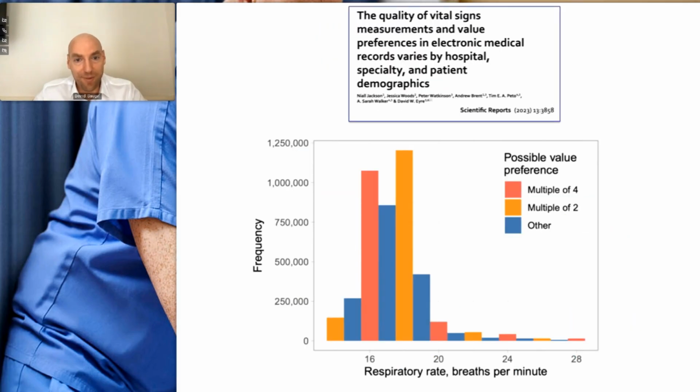This is a very similar approach. If you look at respiratory rates documented in patient medical records, those are often 16, 18, or 20. Again, multiples of 2 or 4, just reflecting that the way we measure respiratory rate today is insufficient. So we look at the patient for a couple of seconds and then multiply to reflect breaths per minute.